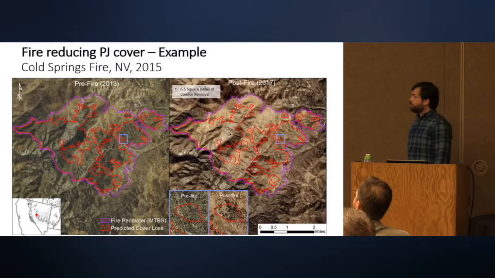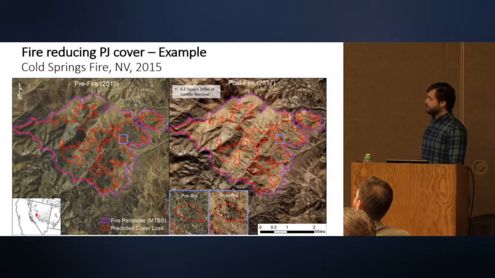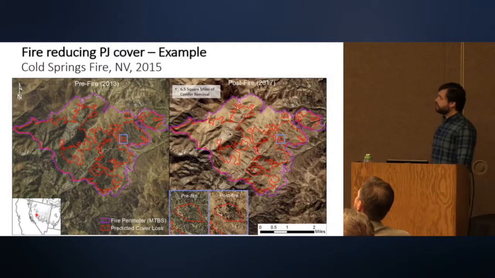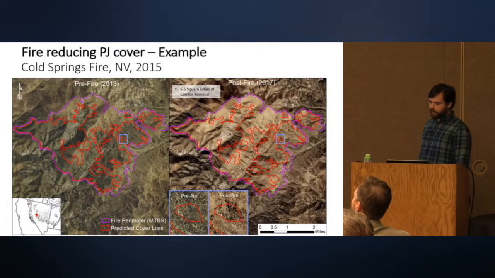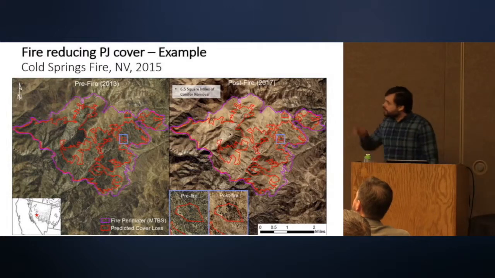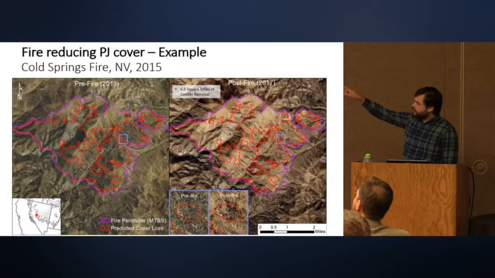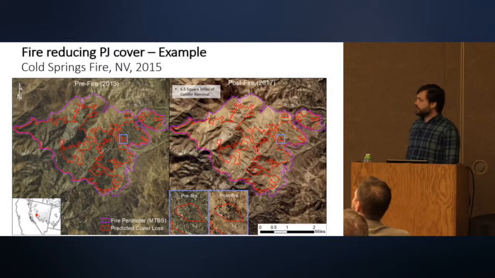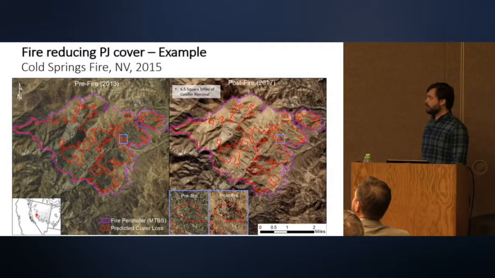So here's an example of a fire-reduced portion of the landscape where you can see a fire removed some conifer from an area in Nevada. This is a before and after set of pictures from the Cold Springs fire in Nevada in 2015. If you can make it out, there's this red polygon on these images, and that indicates where the model is predicting conifer loss to show up.